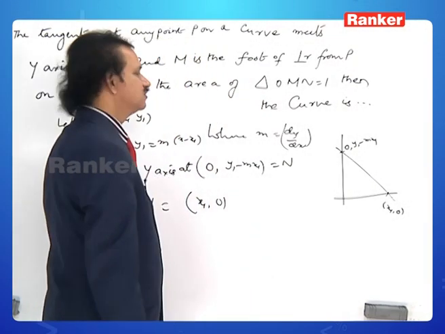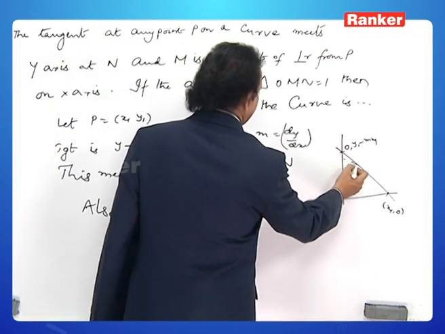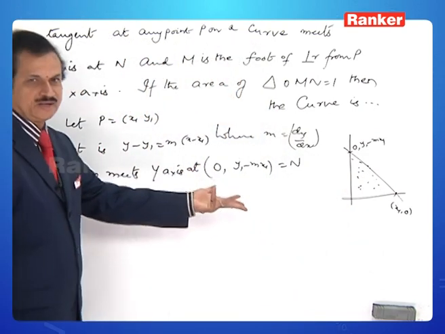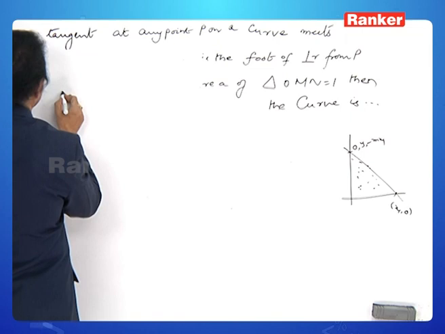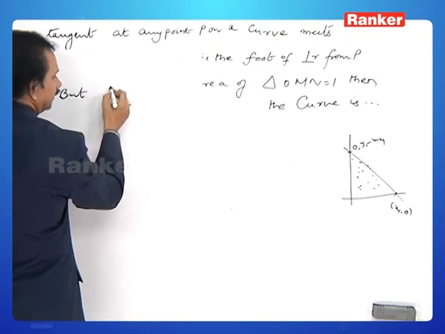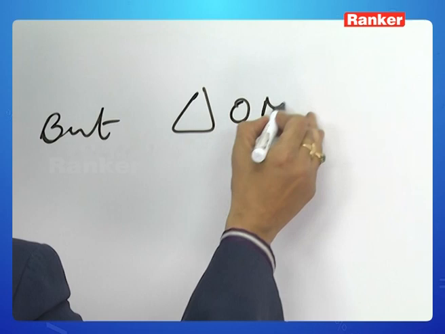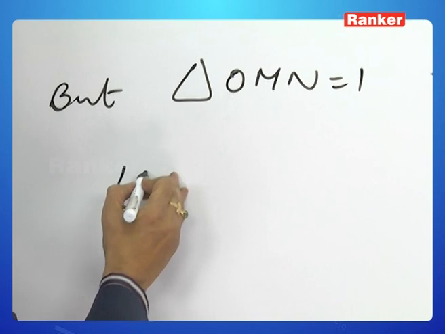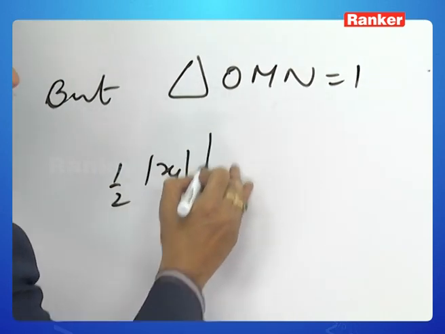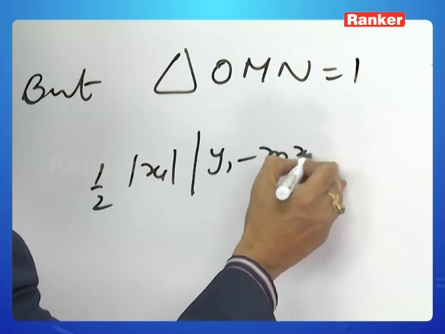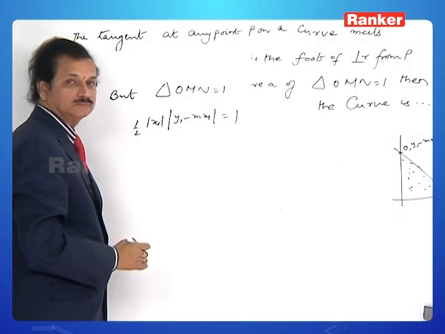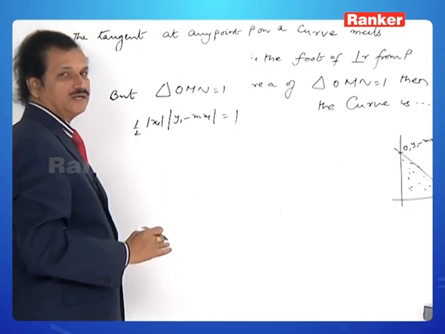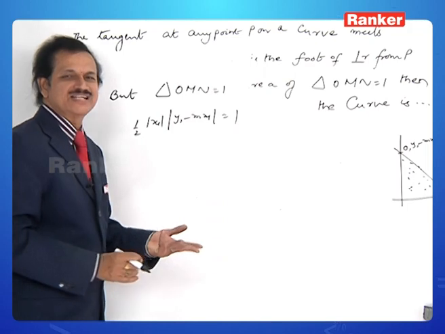He has given that this area is 1. We are to make use of that concept. Area of the triangle OMN is 1. What is the area? Half into base into height: x1 into (y1 minus m x1) is 2. Now I would like to use the general coordinates, x, y instead of x1, y1.